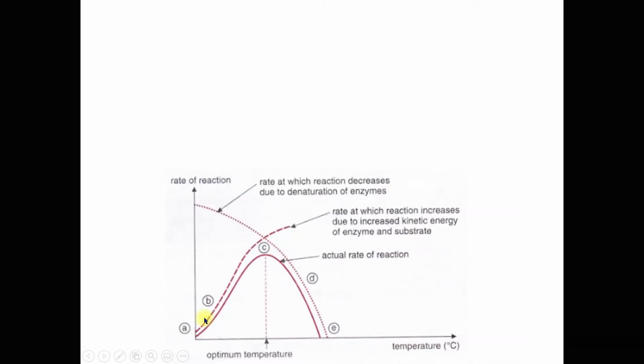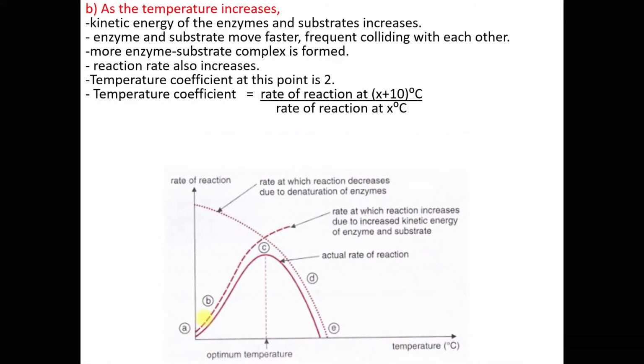Now when we increase the temperature, what happens? Obviously the kinetic energy of the enzymes and substrates increases. Betul kan? So both enzyme and substrate will move faster. When they move faster, frequent colliding with each other will occur, so there are more chances of collision between enzyme and substrates.